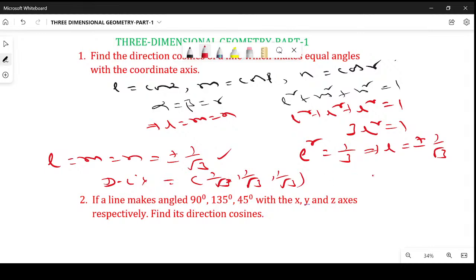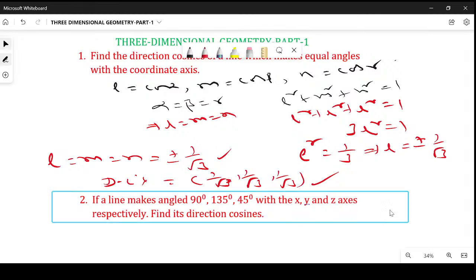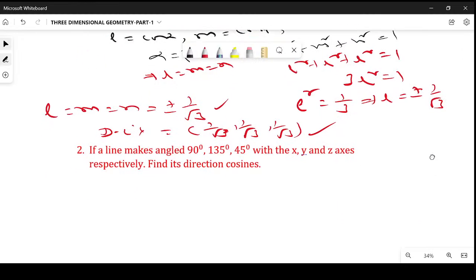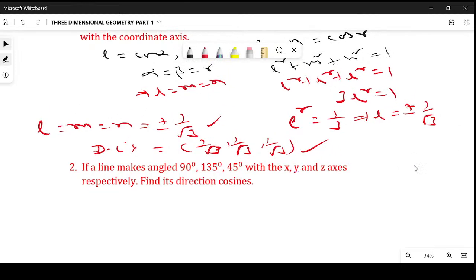Or minus 1 by root 3, minus 1 by root 3, minus 1 by root 3. So these are the direction cosines. A very simple one.